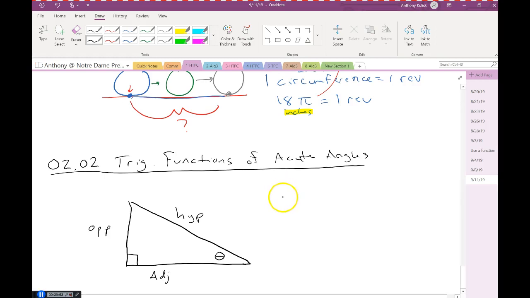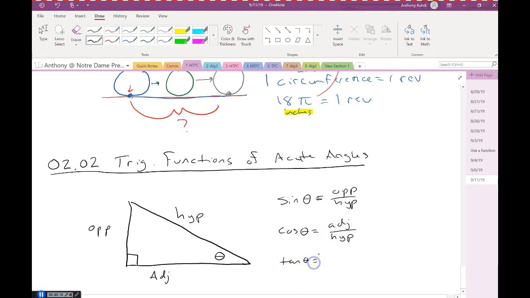So, when we say sine theta, what is sine equal to? Opposite over hypotenuse. Okay? And then cosine is equal to? Adjacent over hypotenuse.